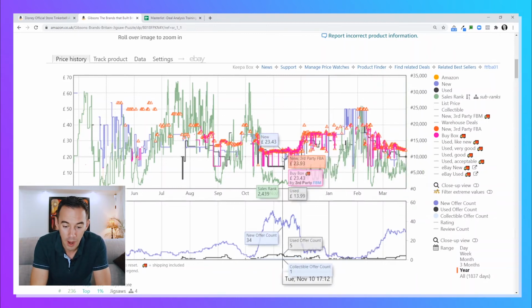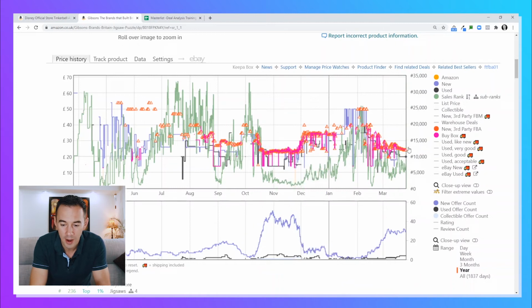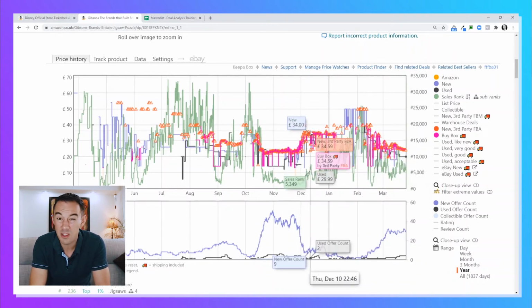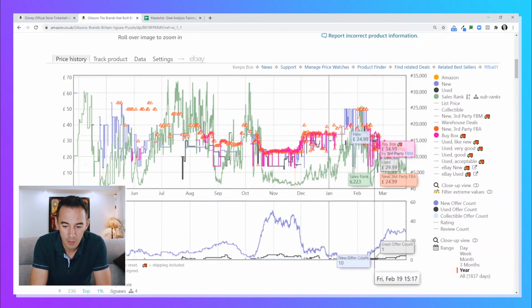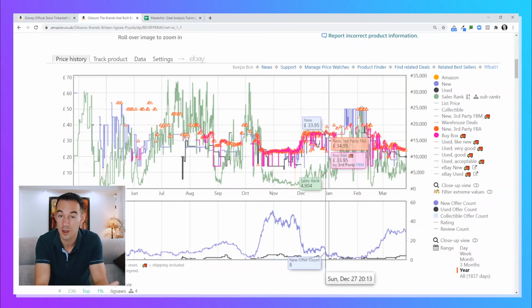Right now we're looking at about 24, 25, and it will probably go up to, maybe 32, 34, I don't know, let's have a look here, we'll probably say around the 30 mark, even £30 potentially, even higher, 35. It's going to be selling good volumes, but also the profit is going to be much higher with a higher selling price. So that's something that I need to think about.